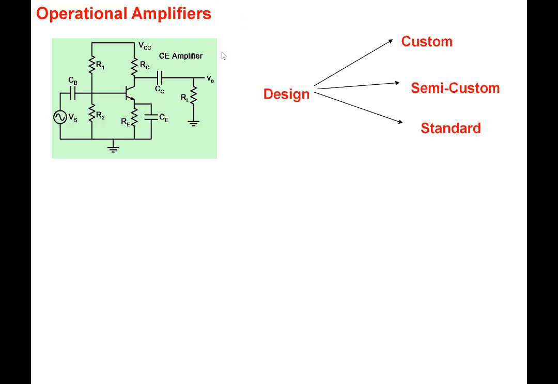This is, again, a very general engineering theme of whether you do a custom design, a semi-custom design, or a standard design. Custom design means, as all of you know, given specifications, you design according to those specifications only. The op-amp is a beautiful example of a semi-custom design, in the sense that a lot of people want amplifiers. They have a signal and they want to amplify it.